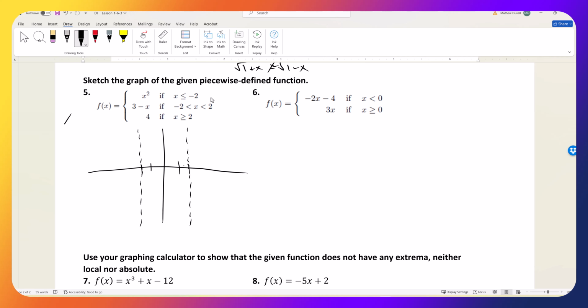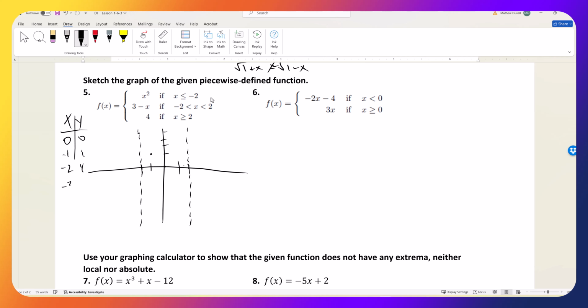Okay, so if I create an xy table and I were to plug in, let's just say 0, I know I get 0. If I plug in -1, I know I get 1. I'm just not going to draw it in or sketch it. If I plug in -2, that's where it's going to start. That gives me 4.